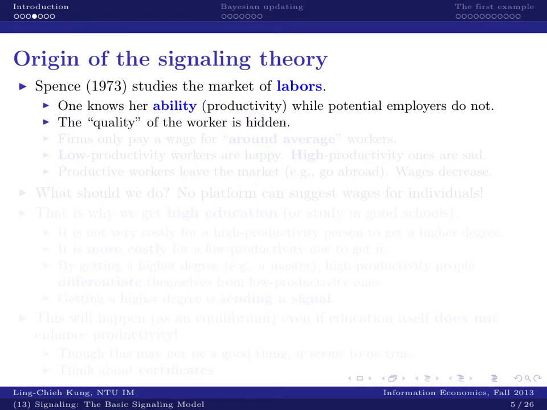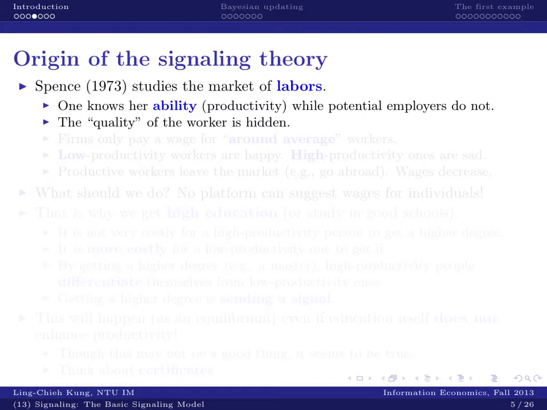But when I go to the job market, those potential employers just cannot see my type or my productivity. The quality of workers is hidden from those employers, and that's why we have interviews, right?